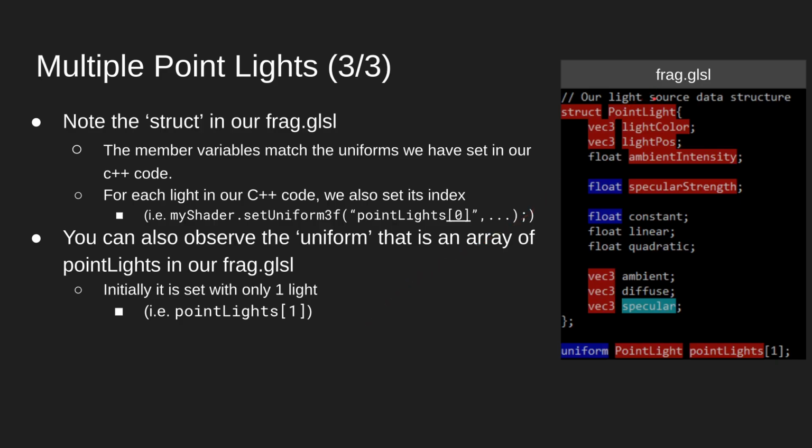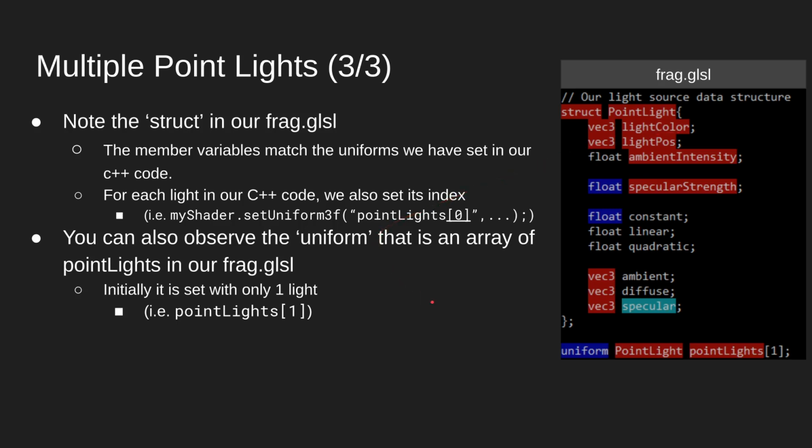Okay, so in our fragment shader, you will see this struct here, which has point light, and then again light color, position, intensity, and so on. So again, the member variables are going to match the uniforms we have set in our C++ code. Member variables being these things like constant, linear, quadratic, ambient, light position, etc. And then in our C++ code, we were just setting up our uniform. So if we had 3 floats, that was our vec3 here, light color, which is 3 floats here.